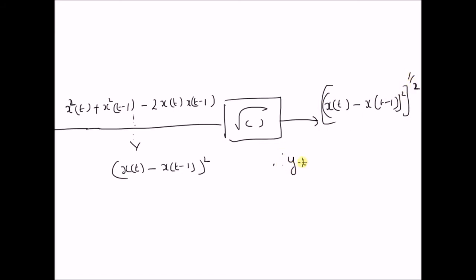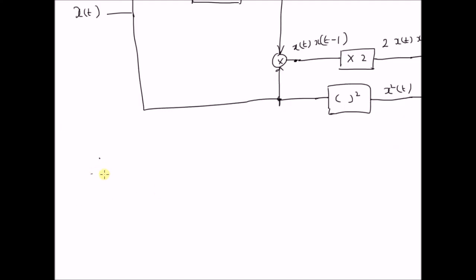Therefore, y of t is equal to x of t minus x of t minus 1. So the system equation is y of t is equal to x of t minus x of t minus 1.